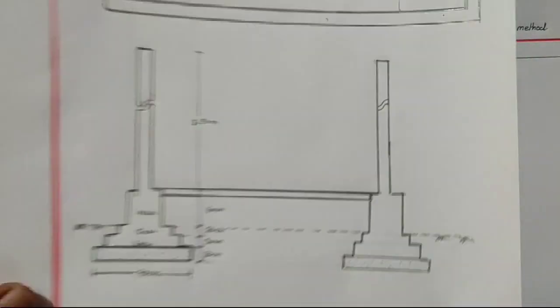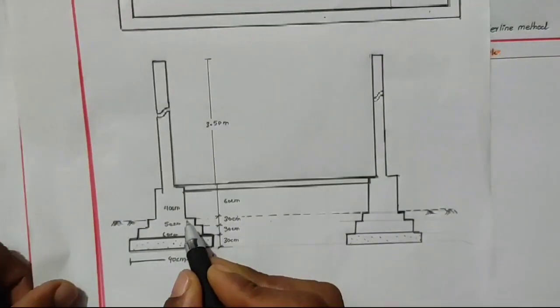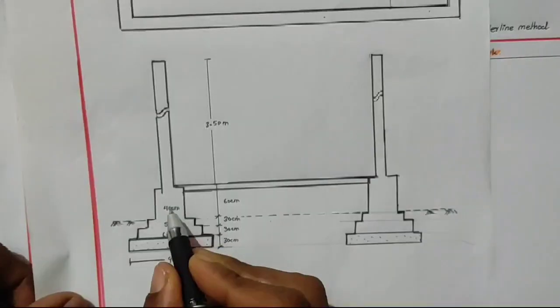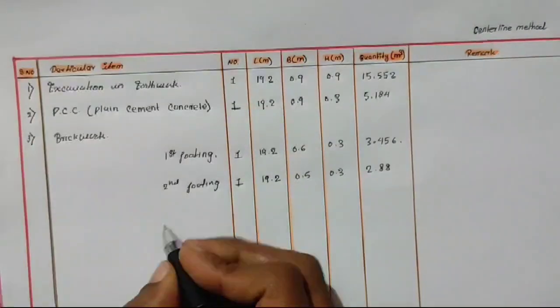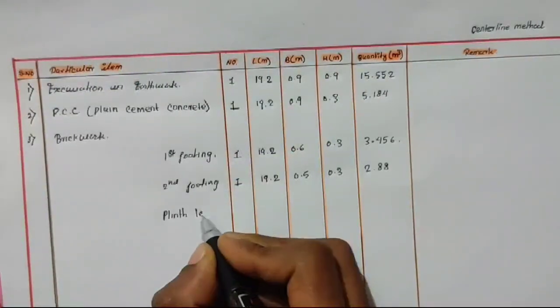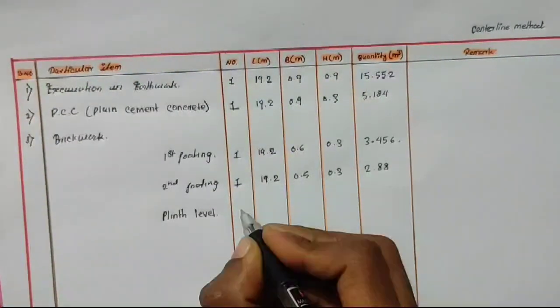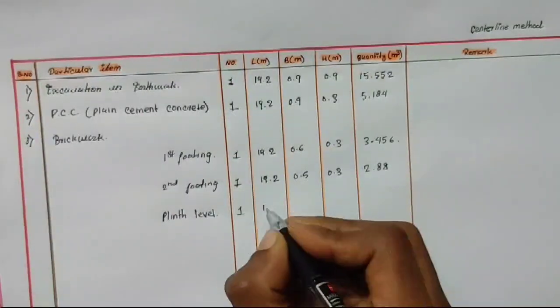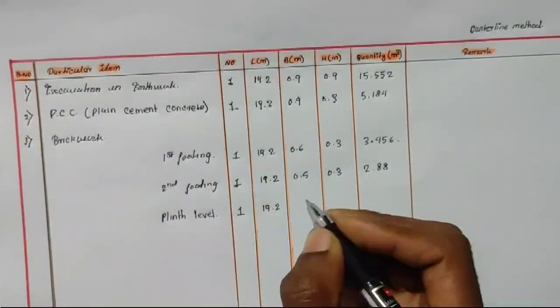Now we have calculated till here. Now we need to calculate for the plinth level. Plinth level, number is 1. Length is 19.2.